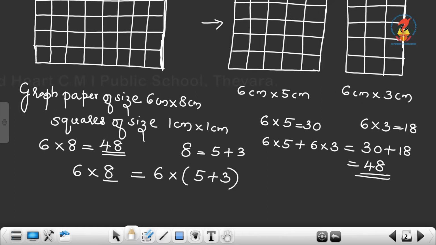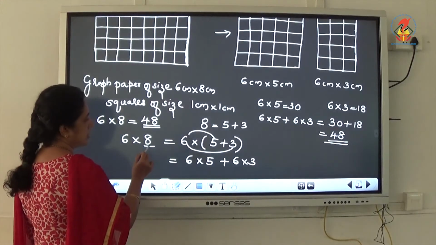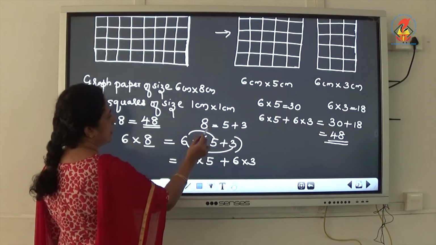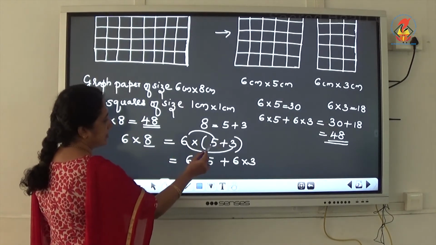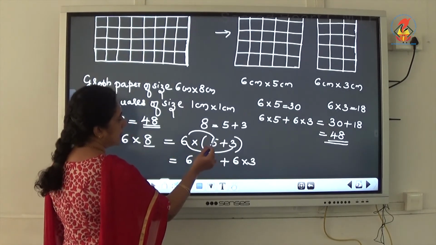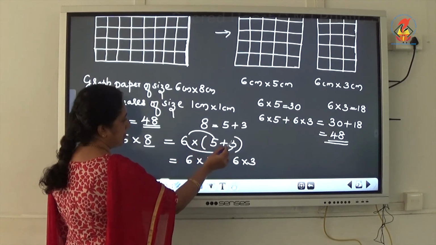And 6 into (5 plus 3) is the same as 6 into 5 plus 6 into 3. First we have 6 into 8. 8 we can write as 5 plus 3, so instead of 8 we can write 5 plus 3. Therefore 6 into (5 plus 3).